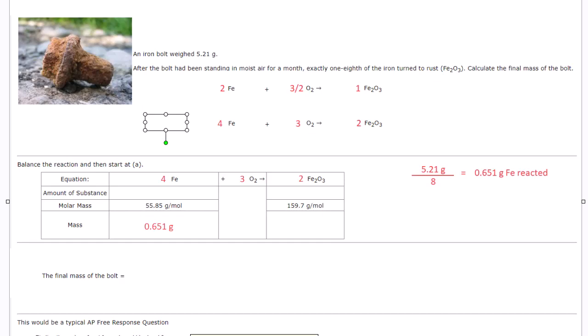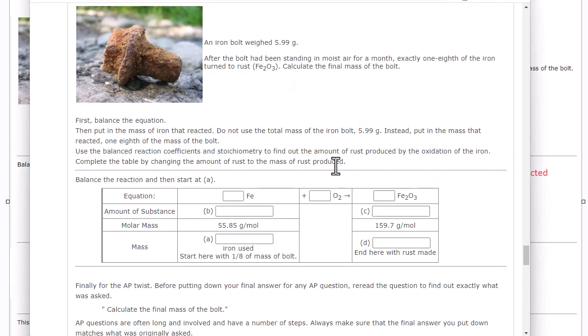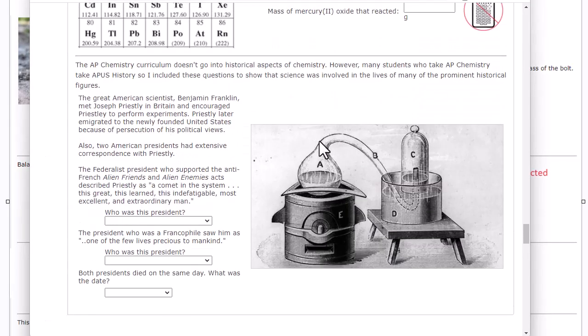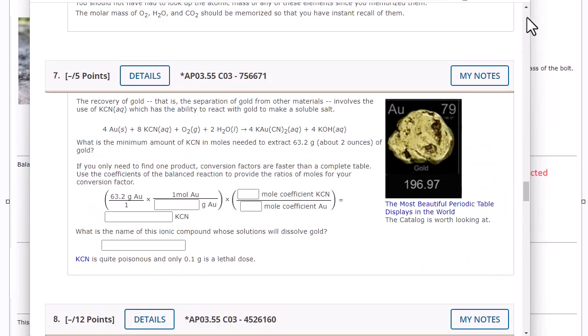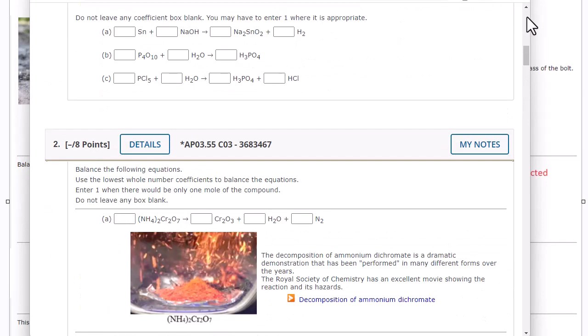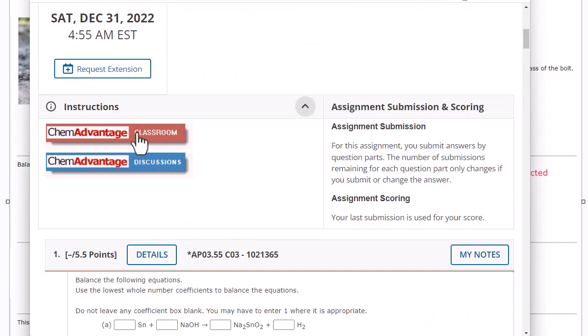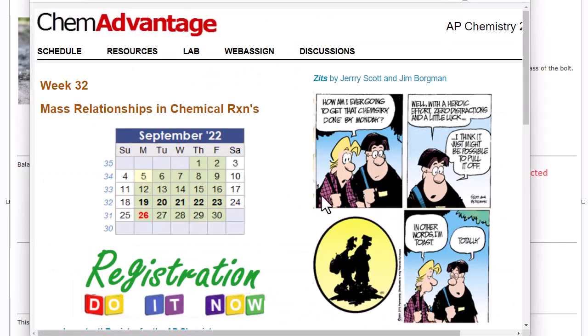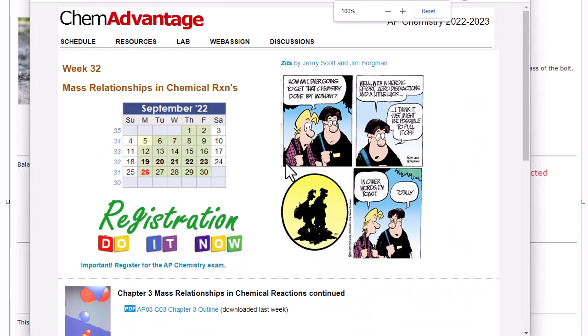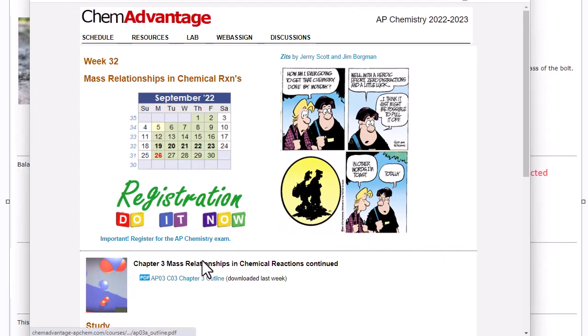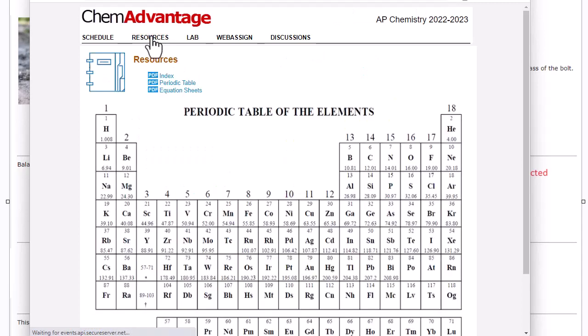This problem is on WebAssign, so you go up and scroll to the very top of your assignment, and there you could go to the classroom, and you'd have the week's work. This is going to work in week 32, mass relationships, where we have stoichiometry in the outline, but we really need the periodic table. We'd go there and find out that iron's got the 55.85 grams per mole.